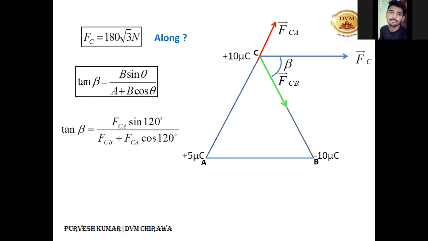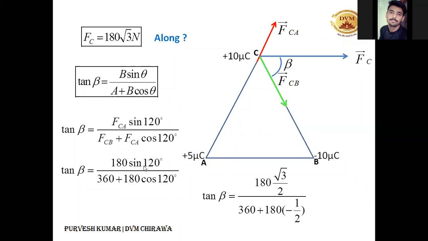Sin 120, we know that sin 120 is root 3 by 2 and cos 120 is minus half. Putting up the values, it should be like this. FCA is 180, we have found out earlier, and FCB was 360. Now solving it up, it comes out to be 180 root 3 by 2 divided by 360 plus 180 into minus half.